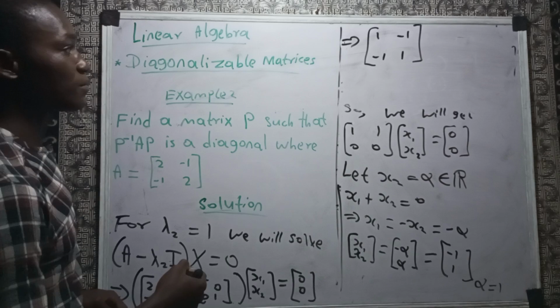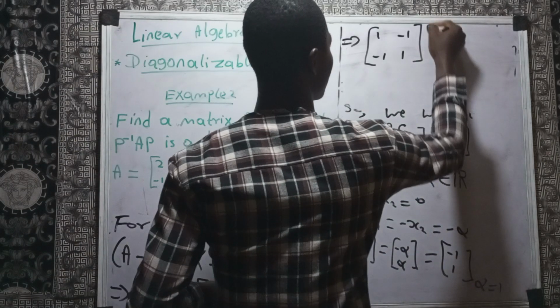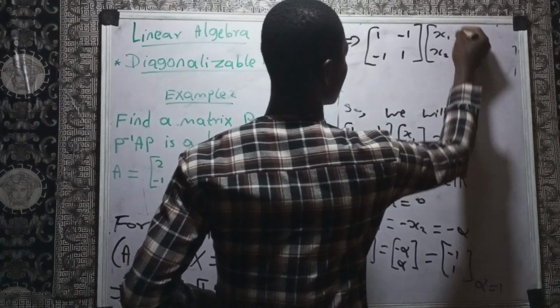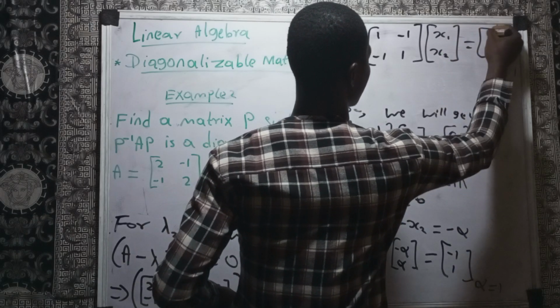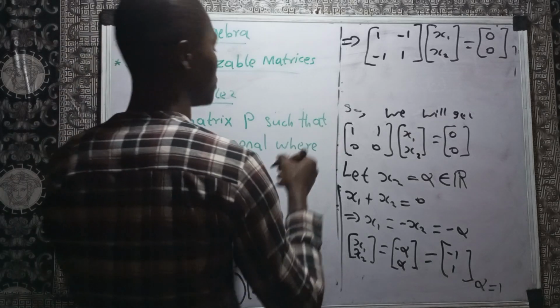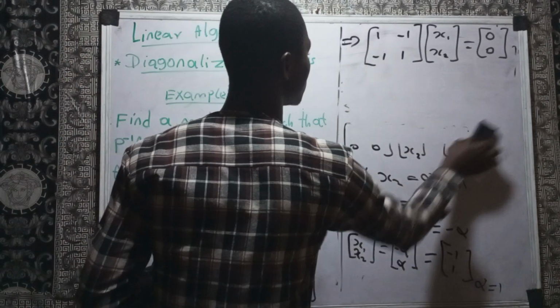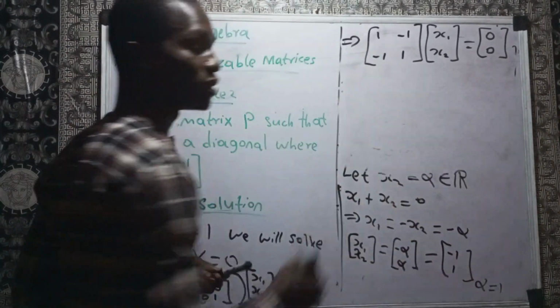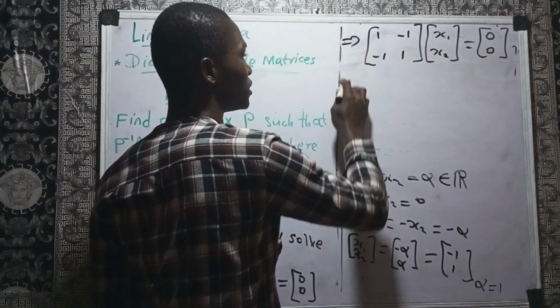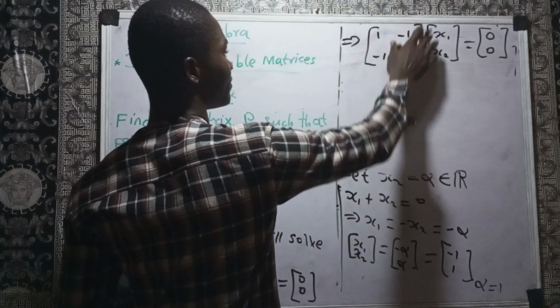With this we have subtracted. So we have our column vector x1, x2, then we have the 0 matrix. We are going to do a similar matrix operation, as we did in the other one, for this very matrix.